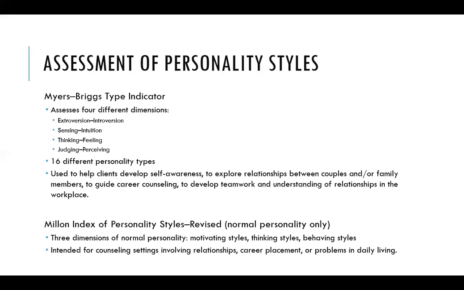So this type of assessment is really used to help clients develop self-awareness. If you're working with a client who maybe is running into issues or problems in their daily life, and maybe some of that comes from a lack of awareness of their own functioning, this can be really helpful as a way to build in some of that self-awareness for the client.